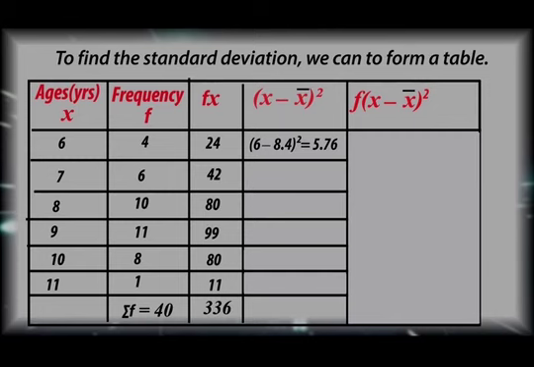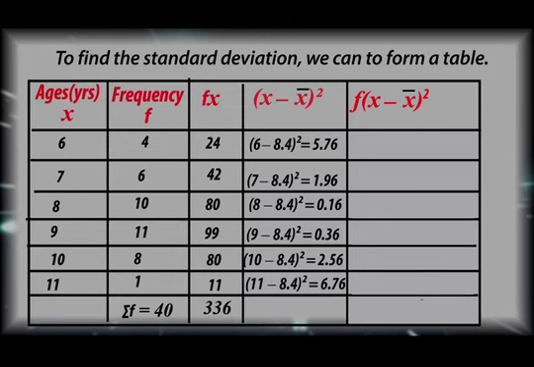Then we square the answer and we get 5.76. For the next one, the age is 7. Our mean is 8.4. So 7 minus 8.4 squared gives 1.96. Again, we take the age 8, subtract the mean, 8.4, and square, and we get 0.16. And we do that for all the others.